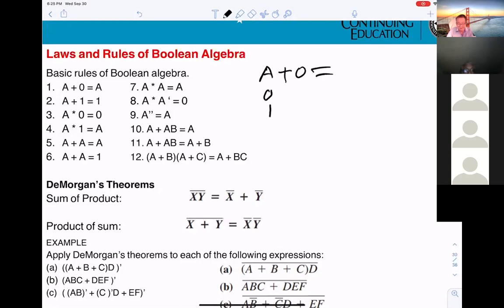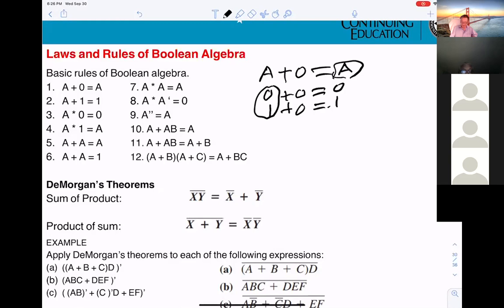So 0 or 0, and 1 or 0. So in here, you cannot say 1 or 0. The thing is it depends on A. A is 0, you get 0, A is 1, you get 1. So the answer here must be equal to A. So that's why you see number 1: A or 0 equals A.